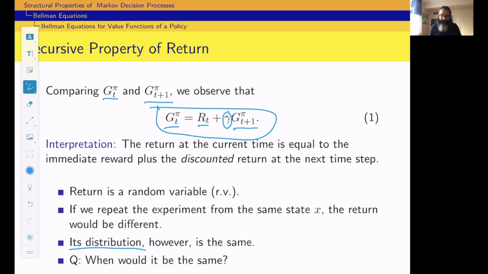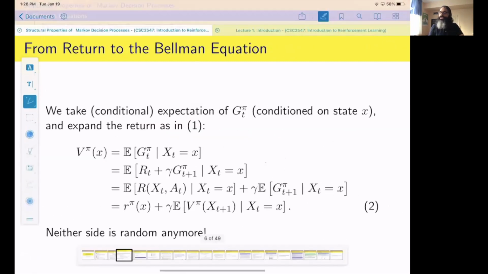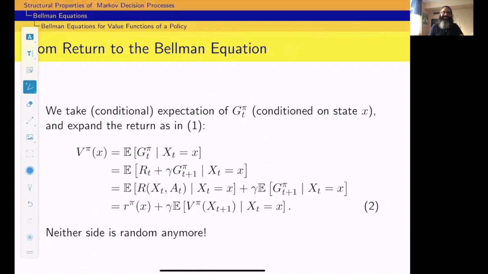So we want something that is not random, something that is a fixed function. What we do is take the expectation, the average, of G pi at time t conditional on state x.